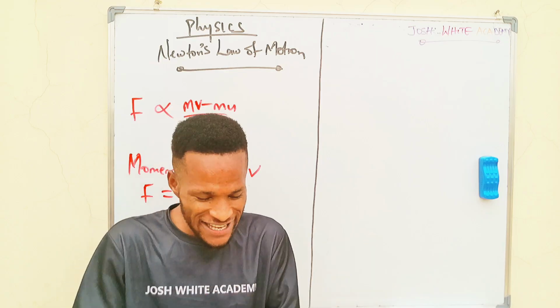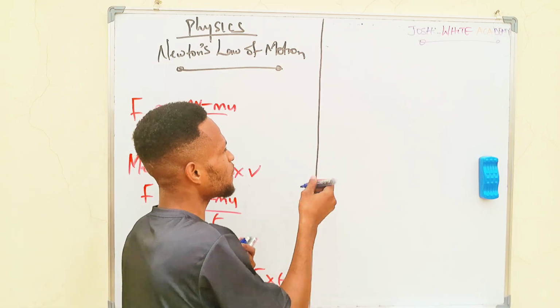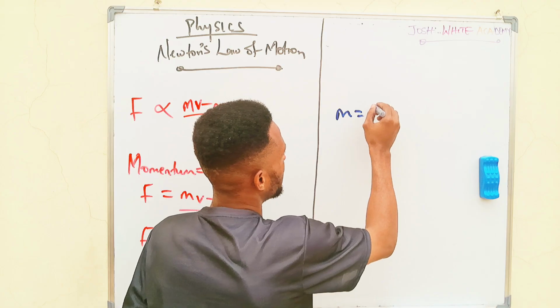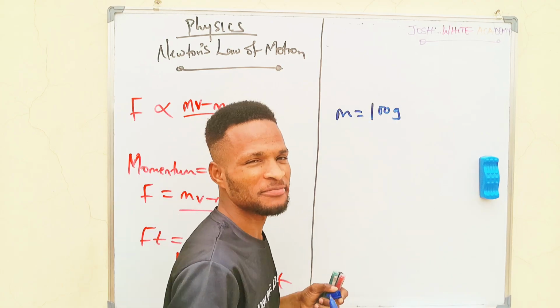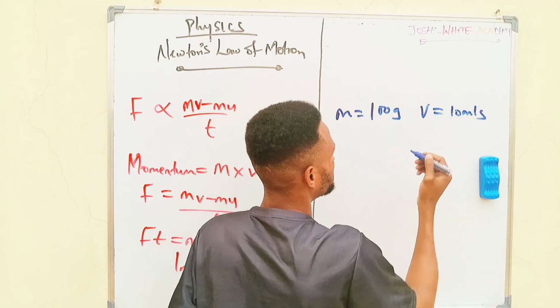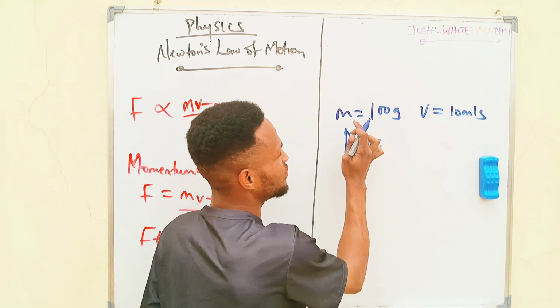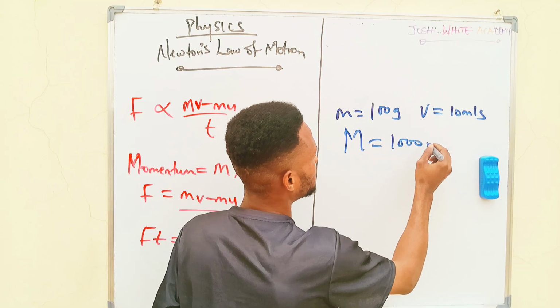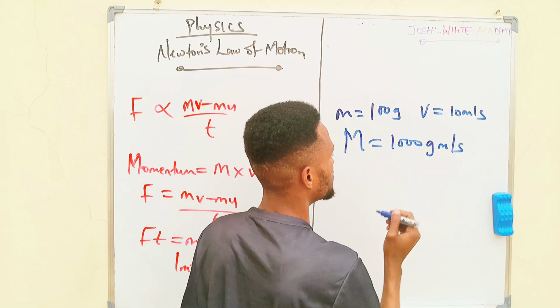Let's say, for instance, a body has a mass of 100 grams and moves with a velocity of 10 meters per second. Our momentum, which is mass times velocity, will be equal to 1000 gram-meters per second.